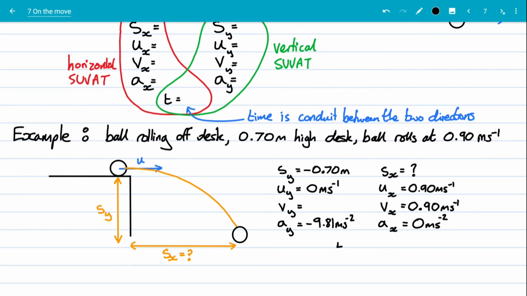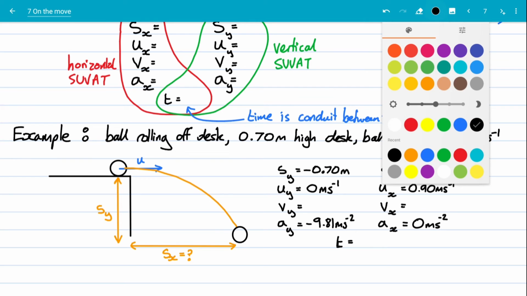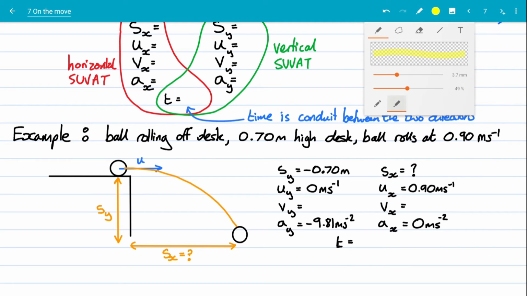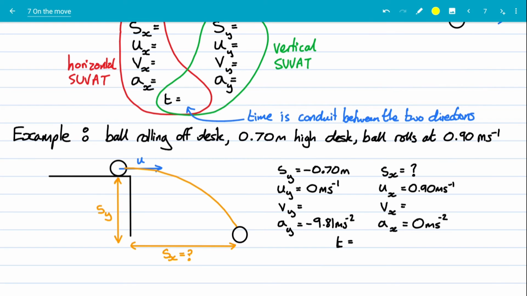And t is equal to, we don't know. But anyway, let's say we don't know this value of v. It isn't given to us, even though we can work it out. So we want to calculate what the s in the x direction is. And when we want to calculate s in the x direction, we start by looking over in the x direction and saying, which Suvat equation do I use? Well, I've got no v, but I've also got no t.